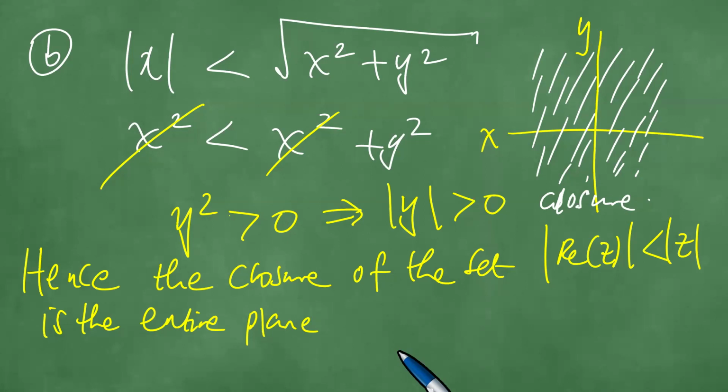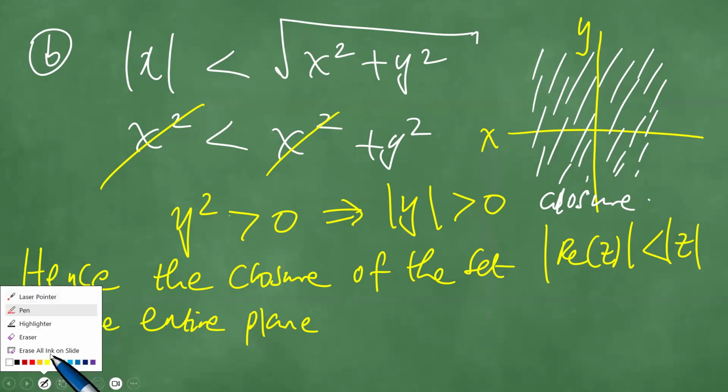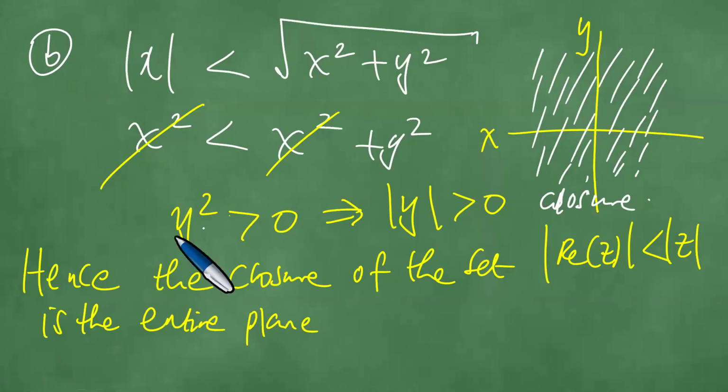I think this is very much enough because we were just supposed to sketch the closure. This is pretty much sufficient for today. There are many things I can say here. For example, in part B, you're saying y squared is bigger than 0.